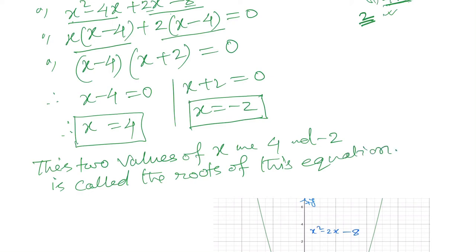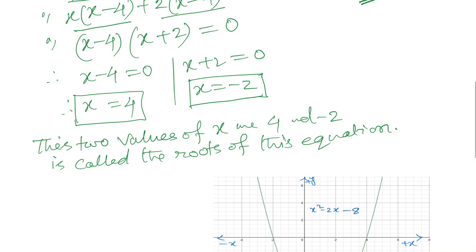Clear? When you solve the quadratic equation, because the power of x is 2, we get two values of x, and that's why these two values of x are called the roots of this equation. Now I am showing you graphically what the root is.